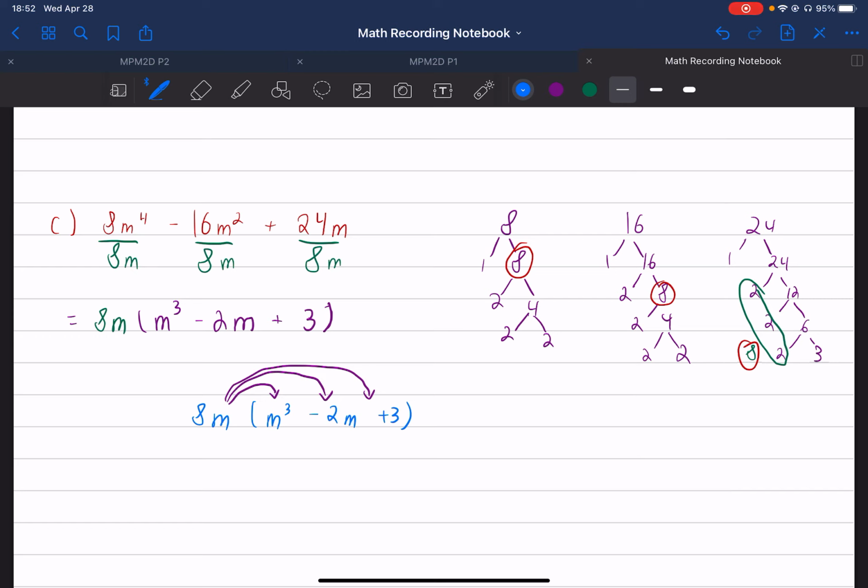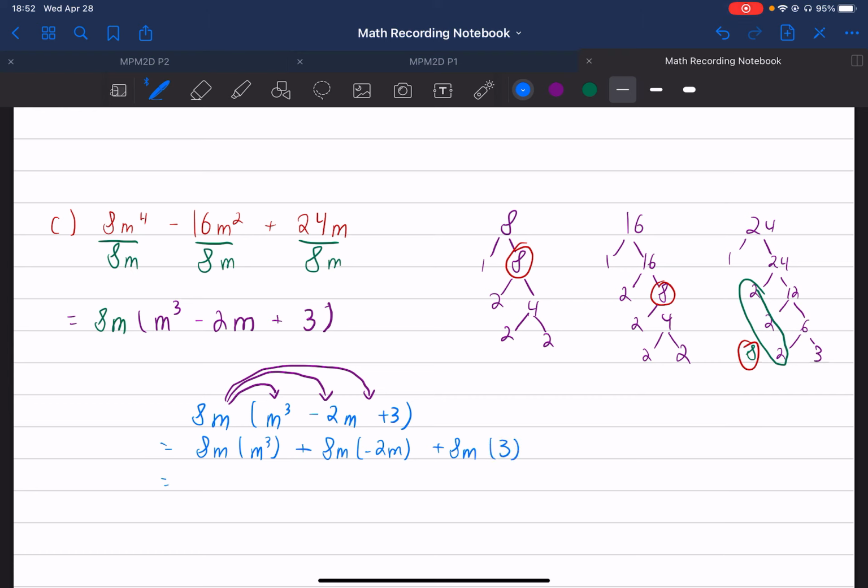So let's write it out like we would have done it the long way for distribution. We had 8m times m to the 3, minus, well, plus 8m times negative 2m, plus 8m times 3.